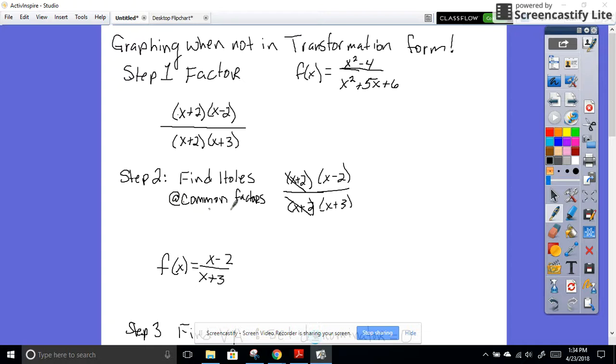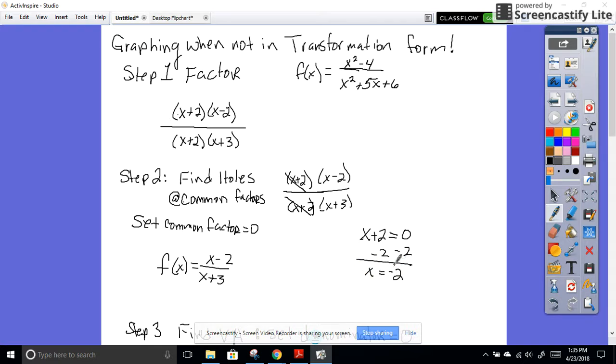You set the common factor equal to 0. So you take whatever you canceled out. X plus 2 is the common factor. You set it equal to 0, and you get the x by itself. And so you tell me that we have a hole at x equals negative 2.